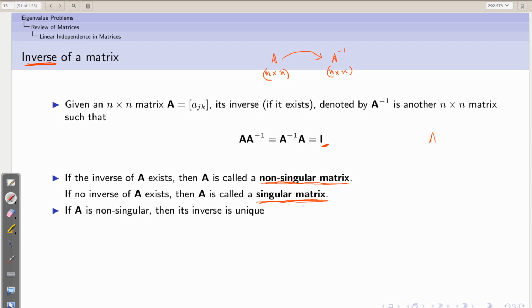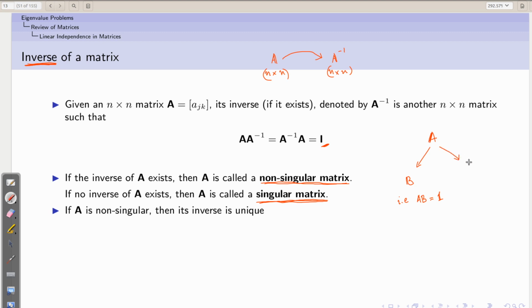Suppose I have a matrix A, and I say that there is another matrix B such that B is the inverse of A. That is, there exists B such that AB is equal to the identity matrix.